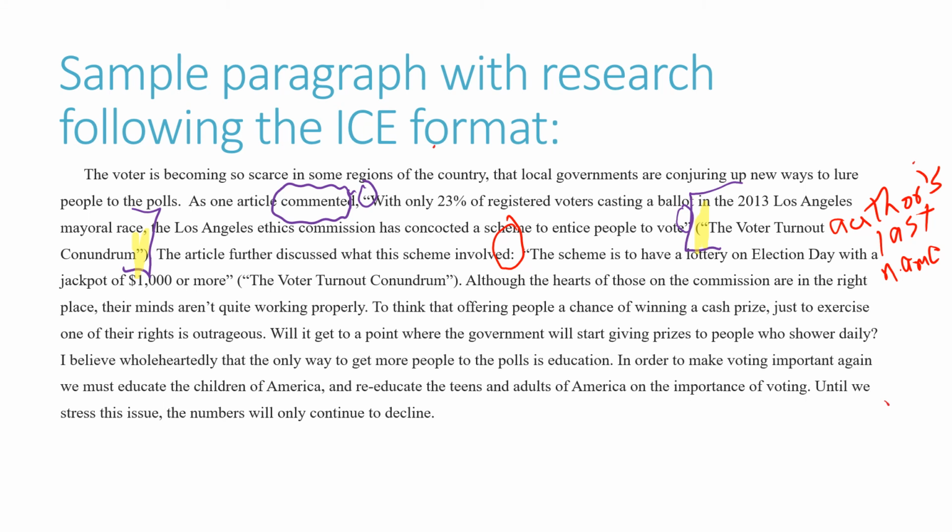I believe wholeheartedly that the only way to get more people to the polls is education. In order to make voting important again, we must educate the children of America and re-educate the teens and adults of America on the importance of voting. Until we stress this issue, the numbers will only continue to decline. So he uses a rhetorical question. He uses I, but only very briefly.